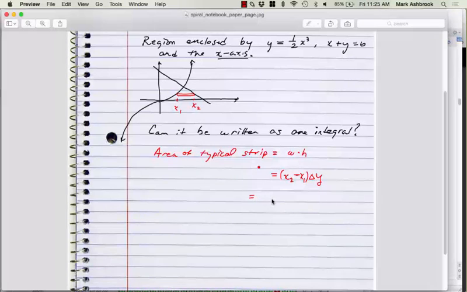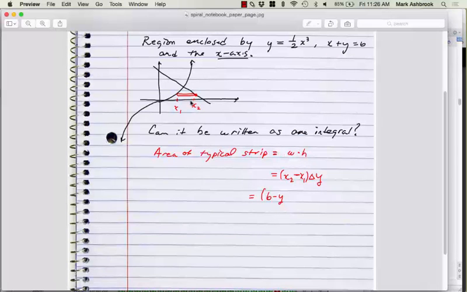Y equals 6 minus x. It's our line, right? So it's going to be 6 minus x? No. We need what x is. X equals 6 minus y. X doesn't equal 6 minus x.